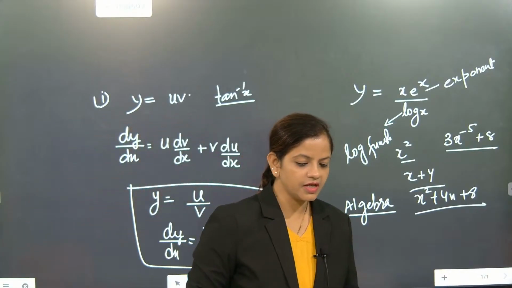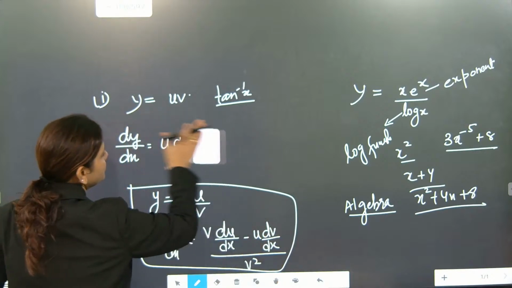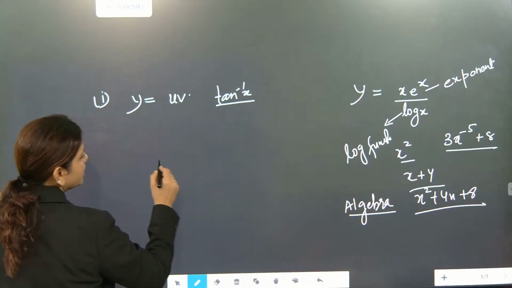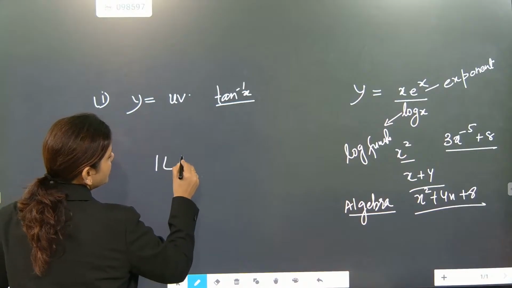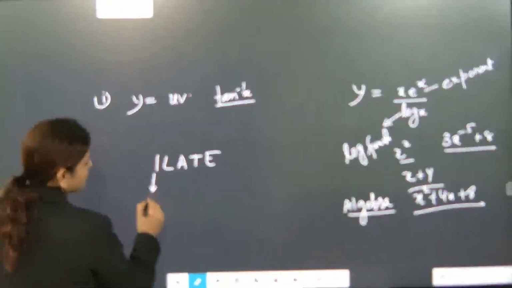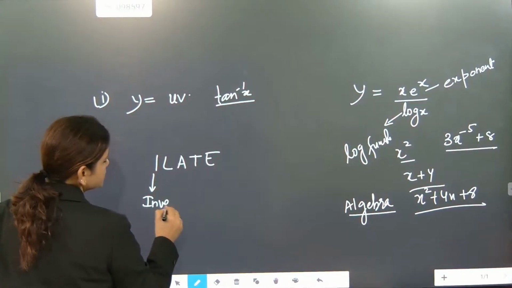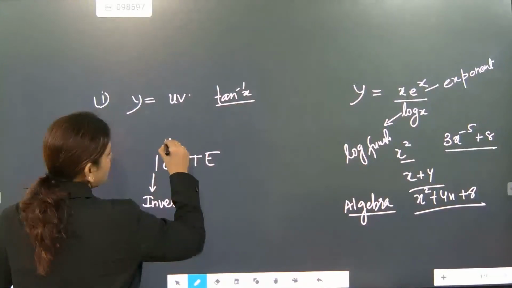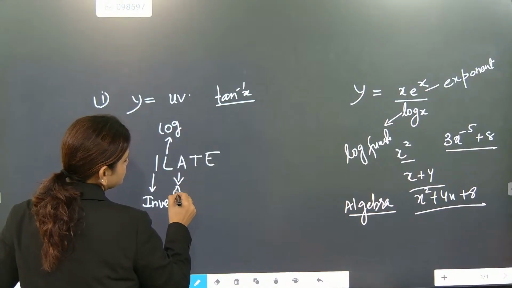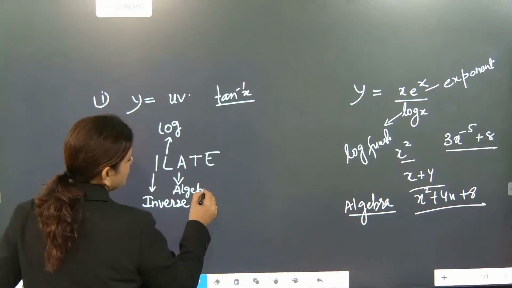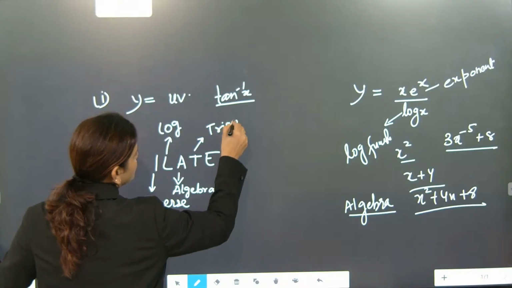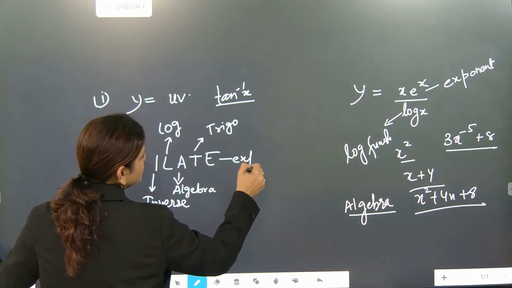Whatever functions there are, a function can be divided into many parts. The first part is ILATE. This is inverse, this is logarithm, this is algebra, this is trigonometry, and this is exponential.